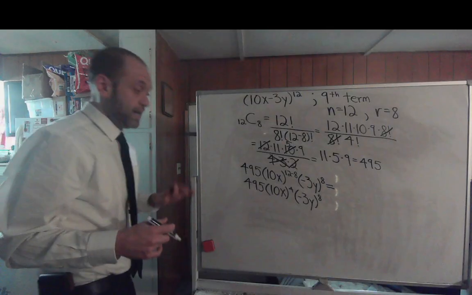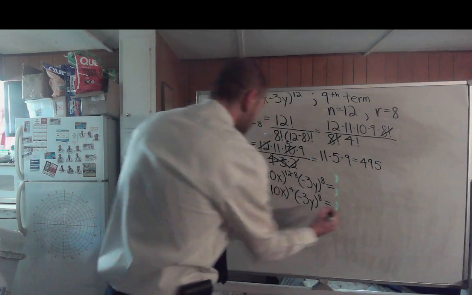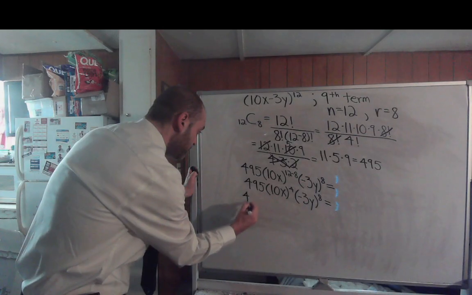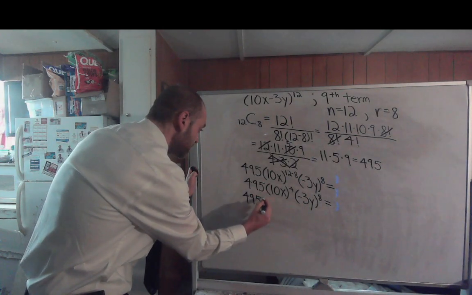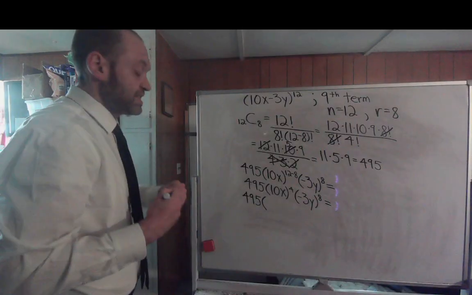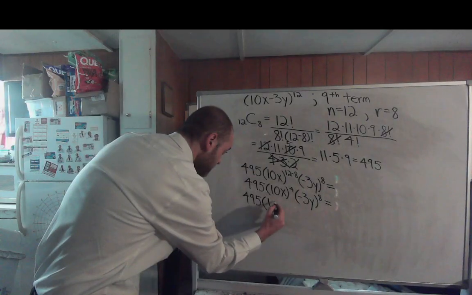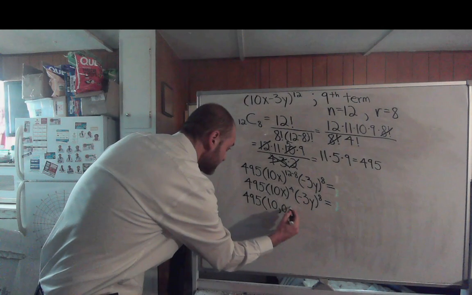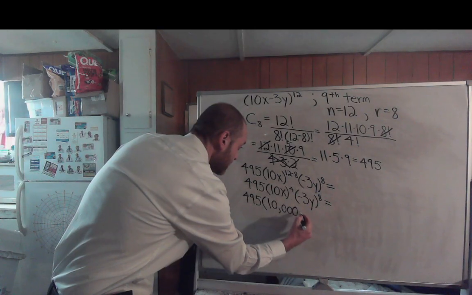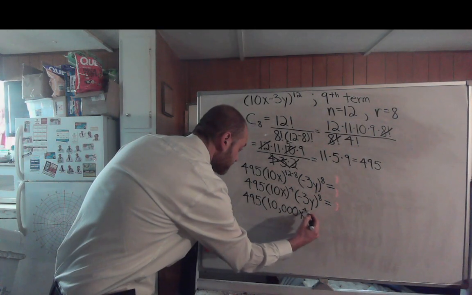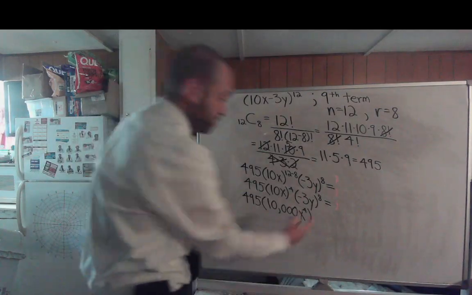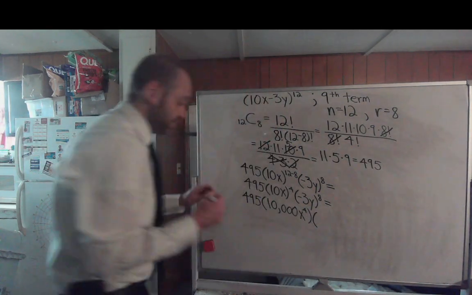Well, let's go ahead and actually take the powers here. So you'll end up having 495 times, let's take that 10x to the 4th. Well, 10 to the 4th is 10,000. So you would end up having 10,000 x to the 4th times, you'll take that negative 3y to the 8th.